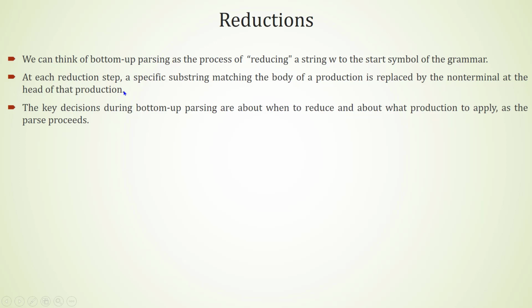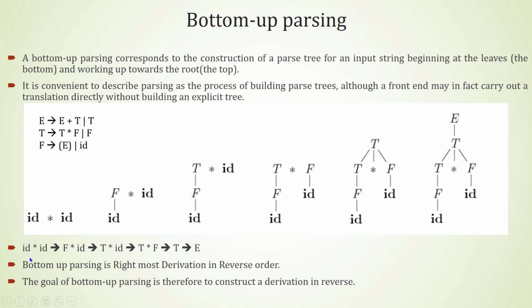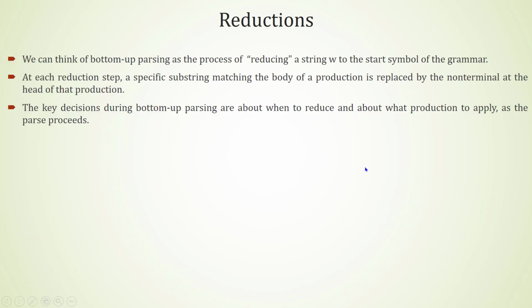So at each step we are actually replacing some part of the string by a non-terminal. If you look at that, here this id is replaced by F. Here id can be considered as a string and it is replaced by F. If we look at this tree, I got T star F. That entire T star F is reduced to T. That's why a specific substring matching the body of a production is replaced by the non-terminal at the head of that production.